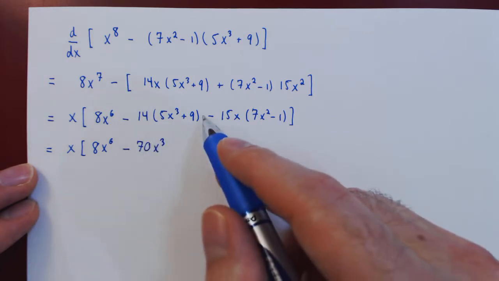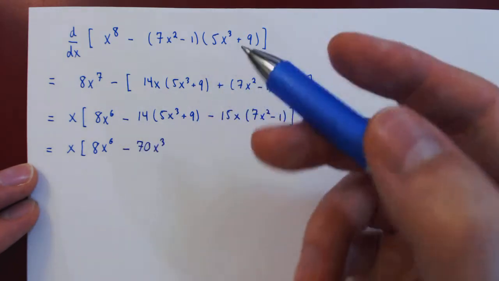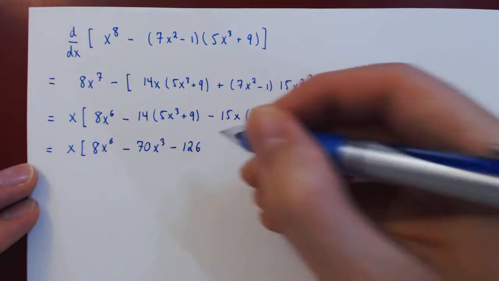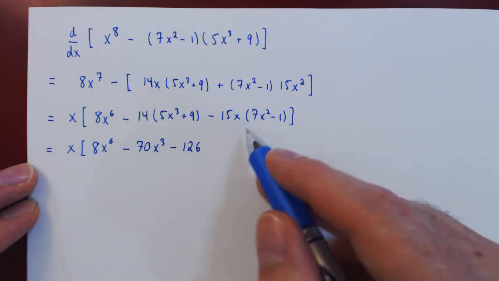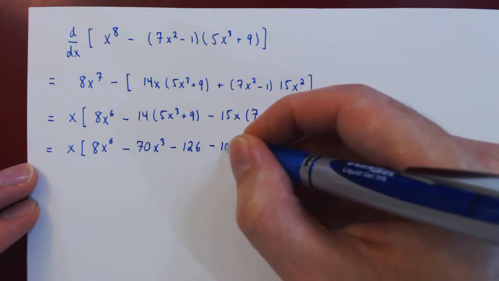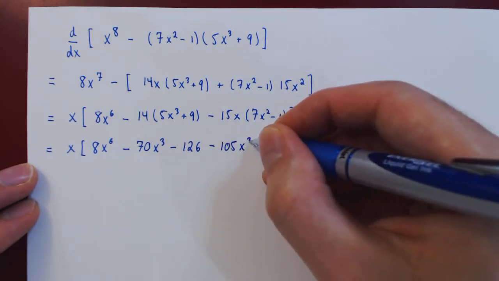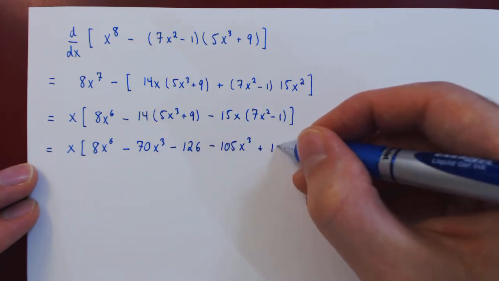Then negative 14 times 9, 9 times 4, 36, 9 times 10, 90, 90 plus 36 is 126. Minus 15 times 7, so that's 35 plus 70, 105. x cubed. And finally negative 15x, negative 1, positive 15x.